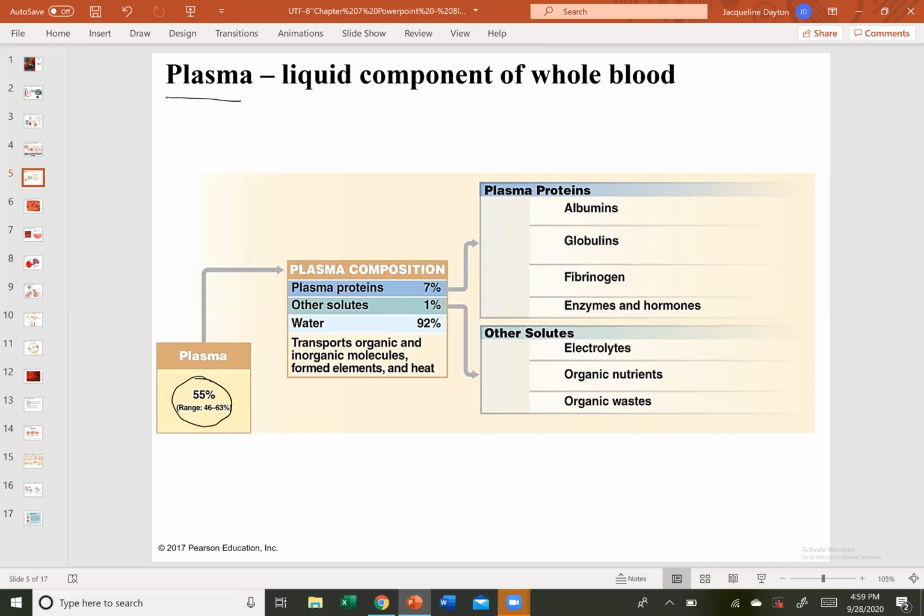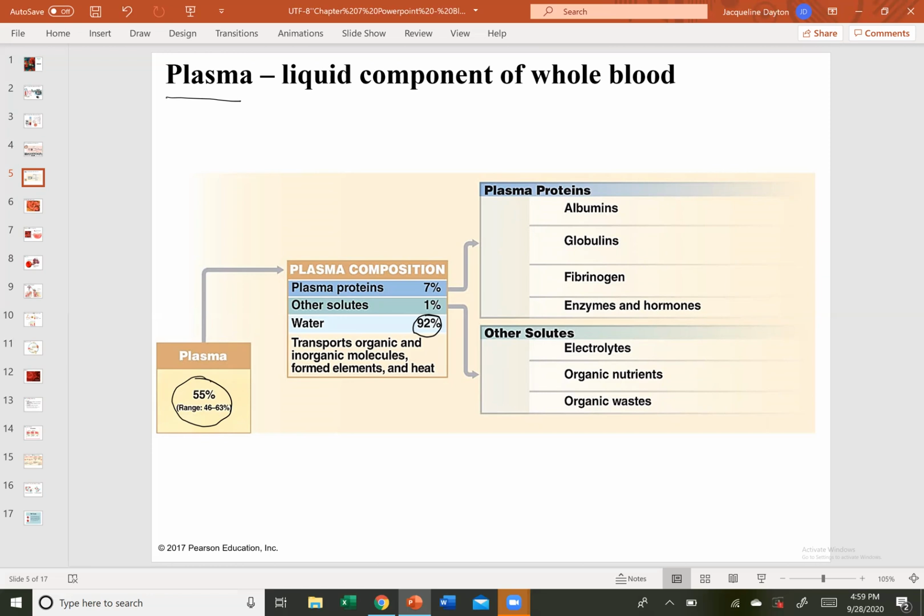If we look at plasma a little bit more closely, we're going to see that a majority of it, between 90 to 92%, is really just water, okay? So this is why such a large percentage of our entire body is composed of water, because look at how much water is just in the blood alone, okay? 92% of this liquid plasma is comprised of water.